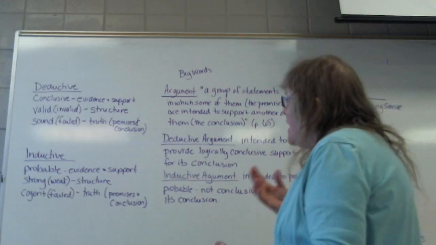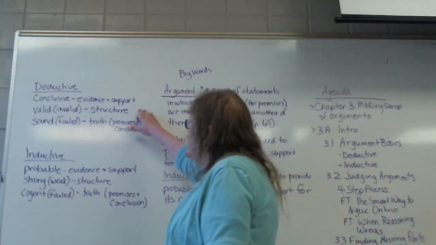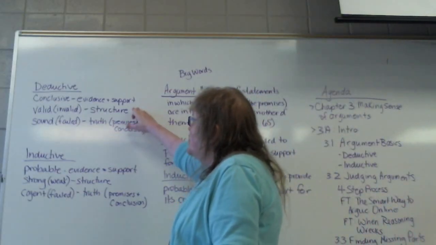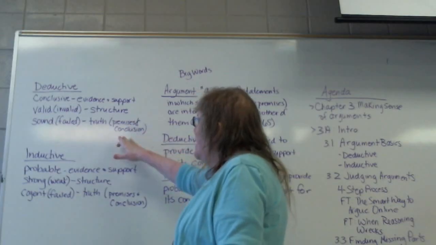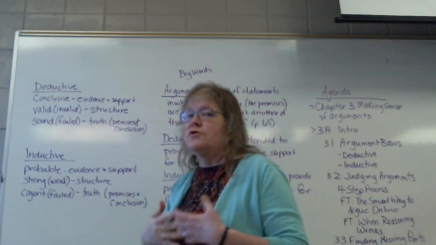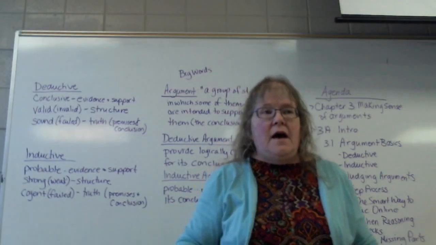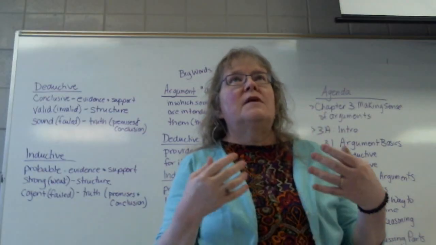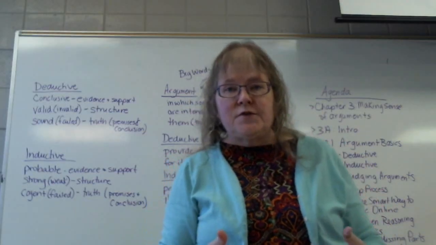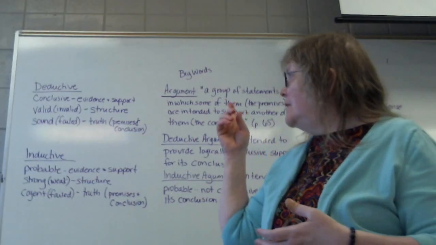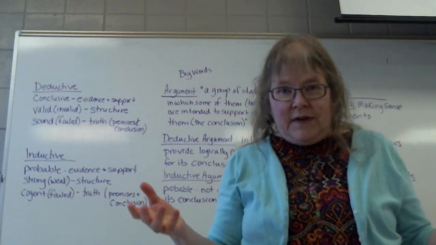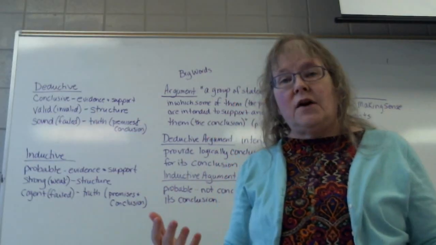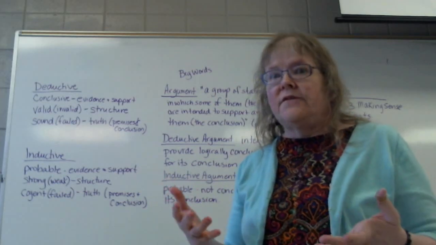And so the last thing is, so we have a structure, we have conclusive evidence and support, we have the valid structure, and then we have to look at the actual truth of the argument. It's not worth spending your time on figuring out the truth if it's already invalid, right? So if you have a valid argument, then you want to know, okay, is this stuff really true?